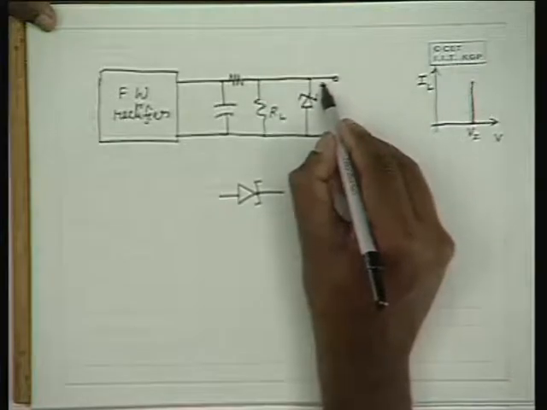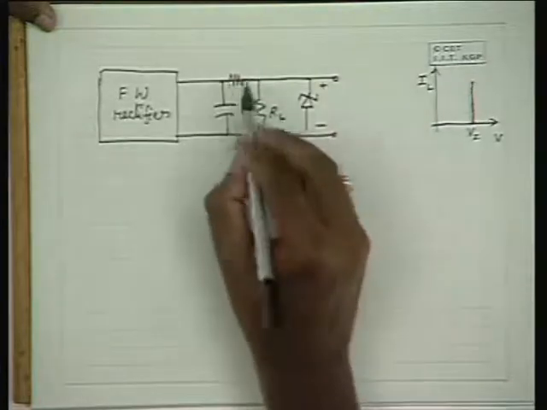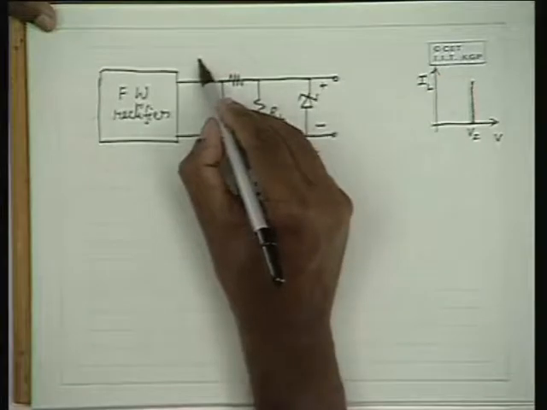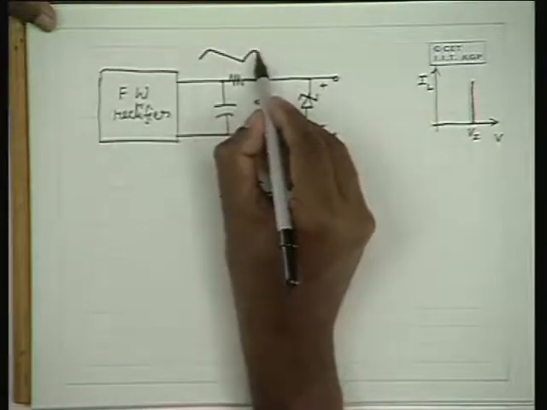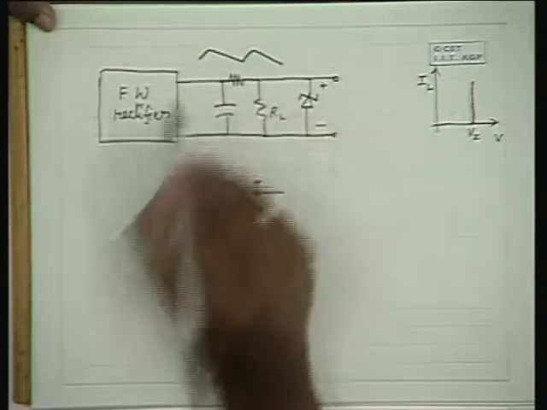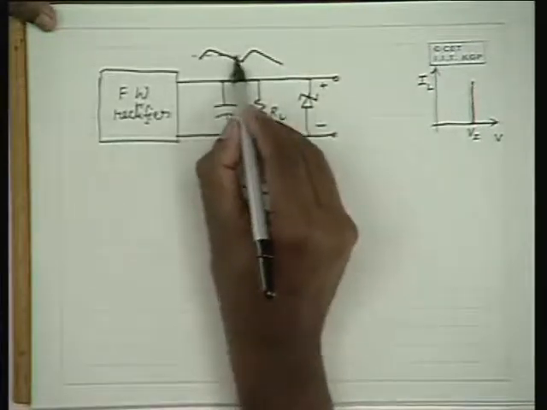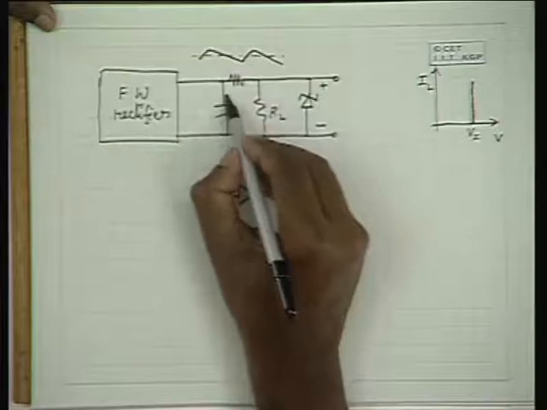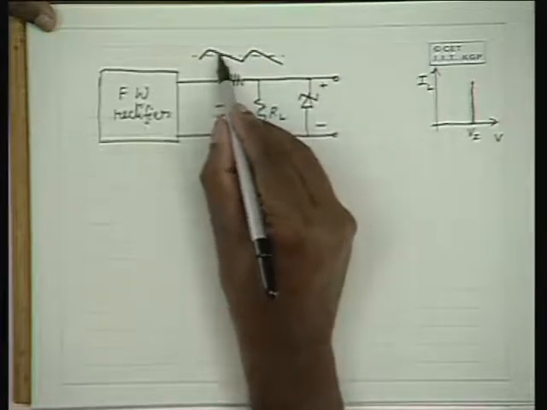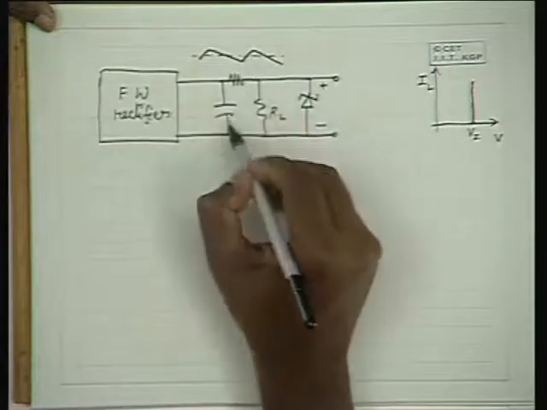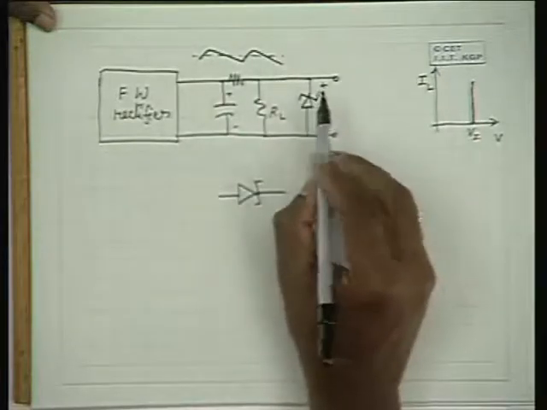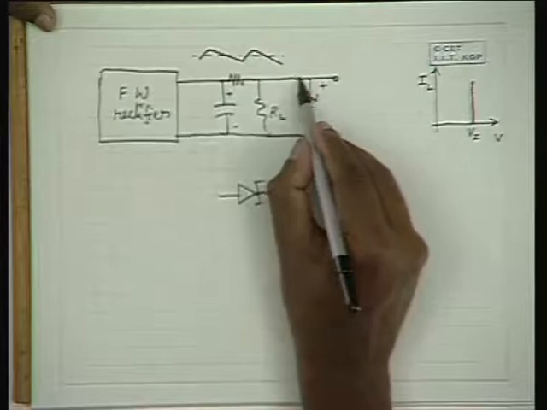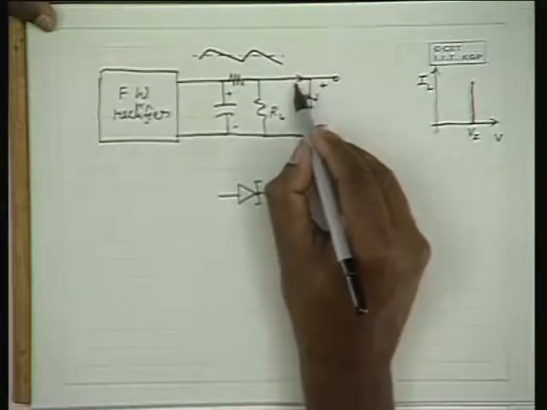When you do so, what happens is, as we have seen earlier, when the voltage across the capacitor is like this, due to this changed voltage, the current tries to increase.